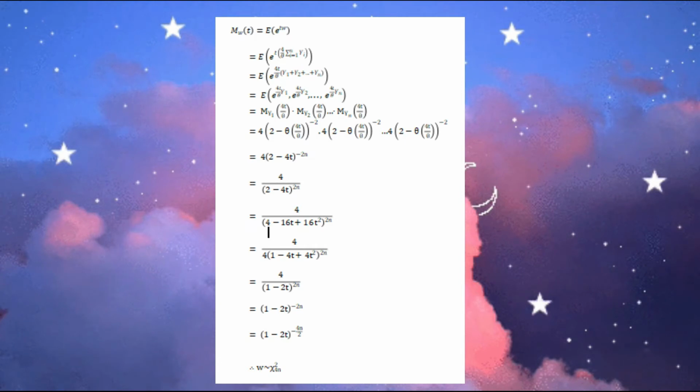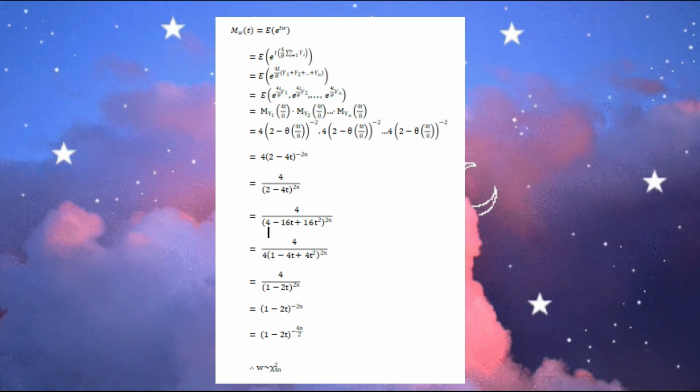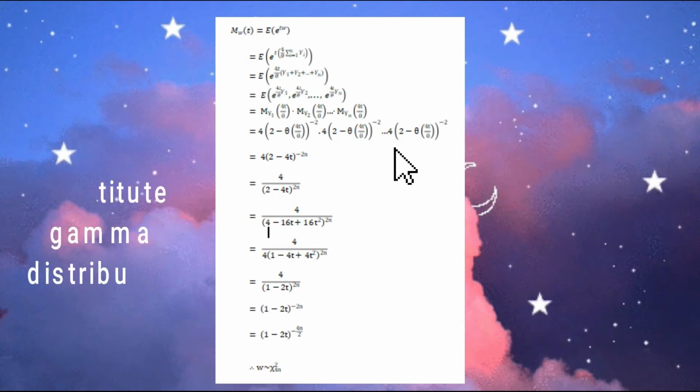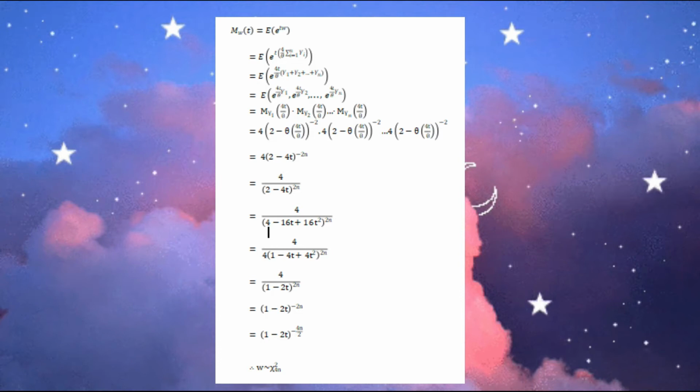After that, we take a look at the question again. The question gives a gamma distribution for the moment of y, which is (1 minus 2 theta t) to the negative 2. So here we have to substitute into the gamma distribution. After we substitute, we must simplify, and we get (1 minus 2 times 4t over theta times theta) to the power of negative 2n.